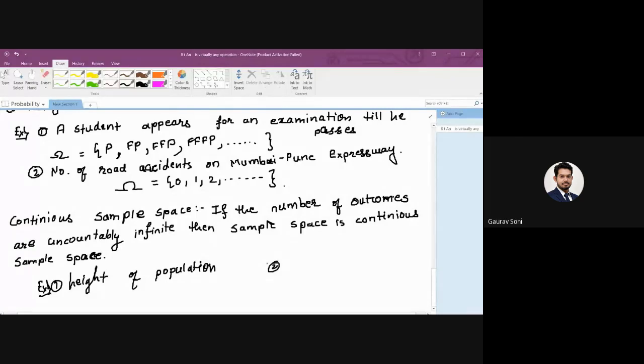Any other example? Planets in the Milky Way. Can you repeat it, Aaron? Planets in the Milky Way. Achha. But those are integer values, right? Oh yes, sir. Sorry. So that will be countably infinite.